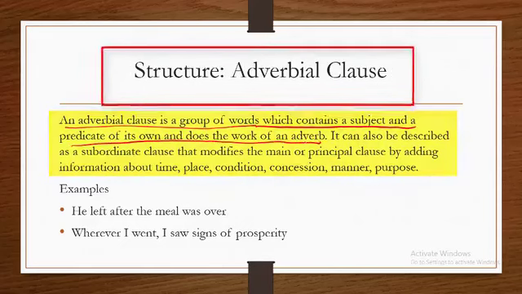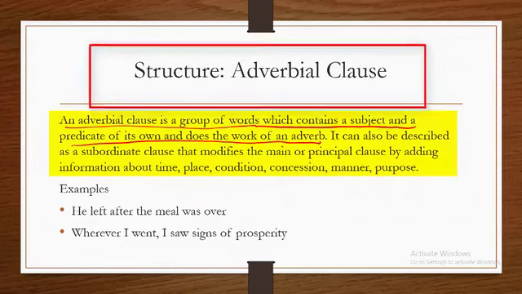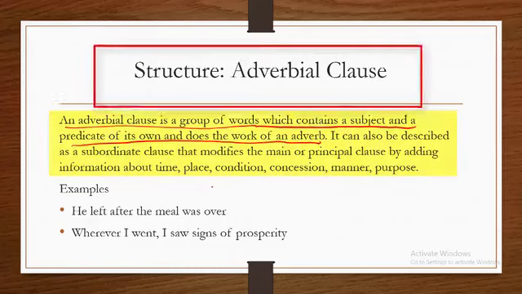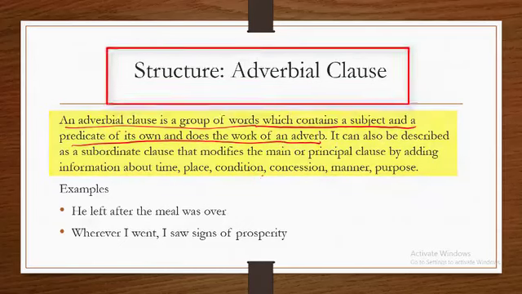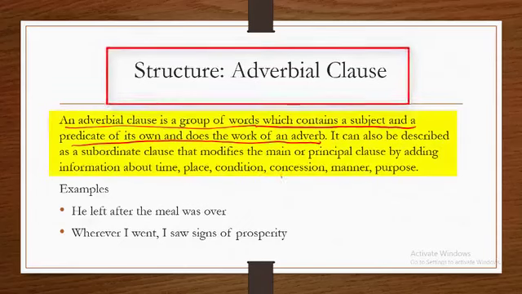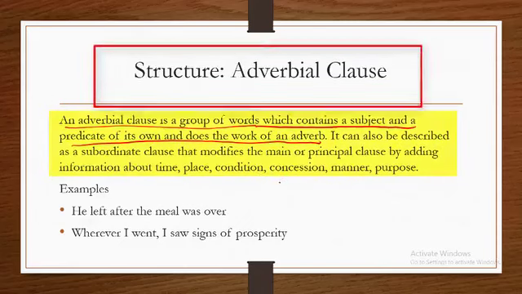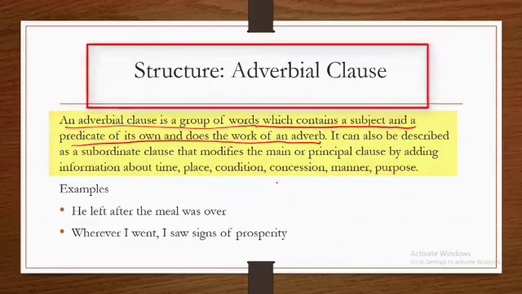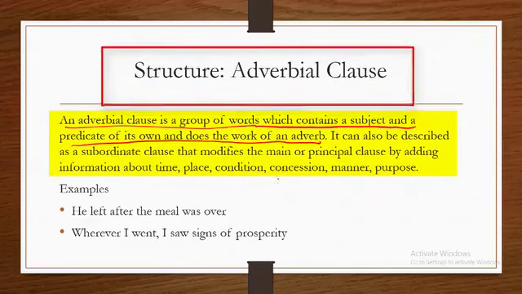They modify a verb, an adjective or another adverb. So we are saying that the principal word here is always an adverb, and it always gives additional information about time, place, concession, condition, manner or purpose.